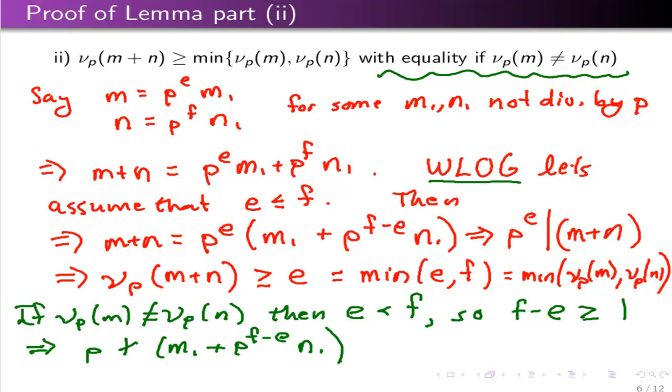Why is that? Well, p is a divisor of this term, but p doesn't divide this term. So if p was a divisor of this sum, then it must be a divisor of m1. So we say else p divides m1, a contradiction.